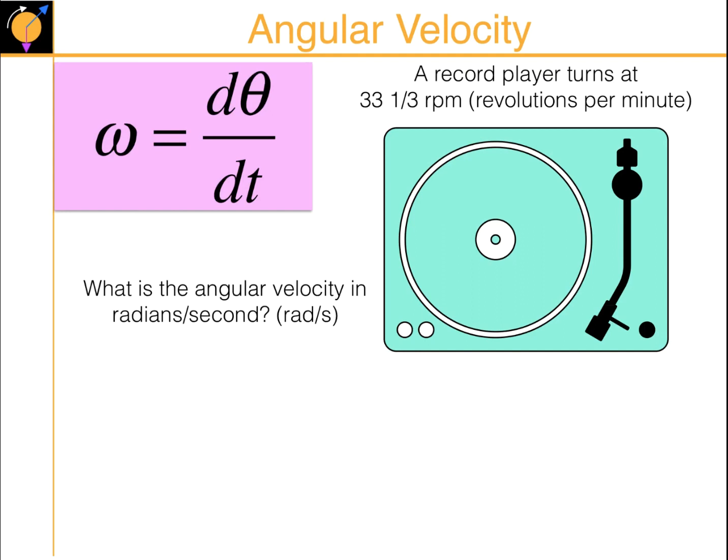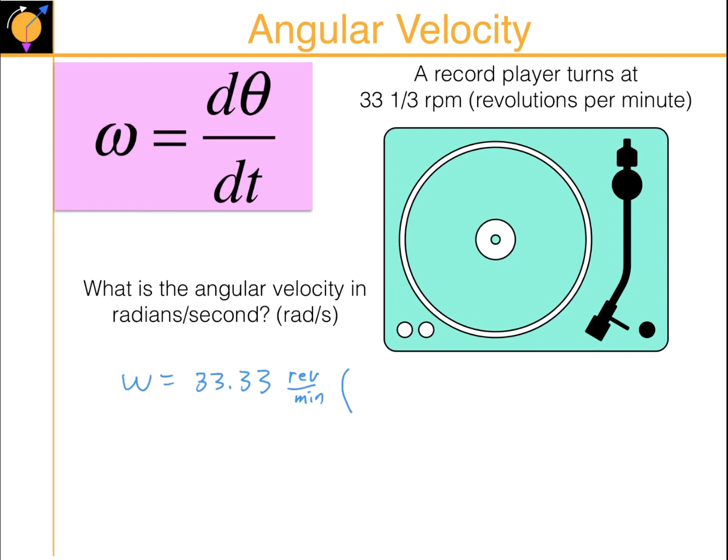Here's an example, right? The standard speed for large records rotates at about 33 1/3 revolutions per minute. Let's convert that angular velocity to radians per second. So let's start by writing the angular velocity in revolutions per minute. I'll approximate 33 1/3 as 33.33 revolutions per minute. To convert, I need to convert the revolutions to radians and the minutes to seconds.